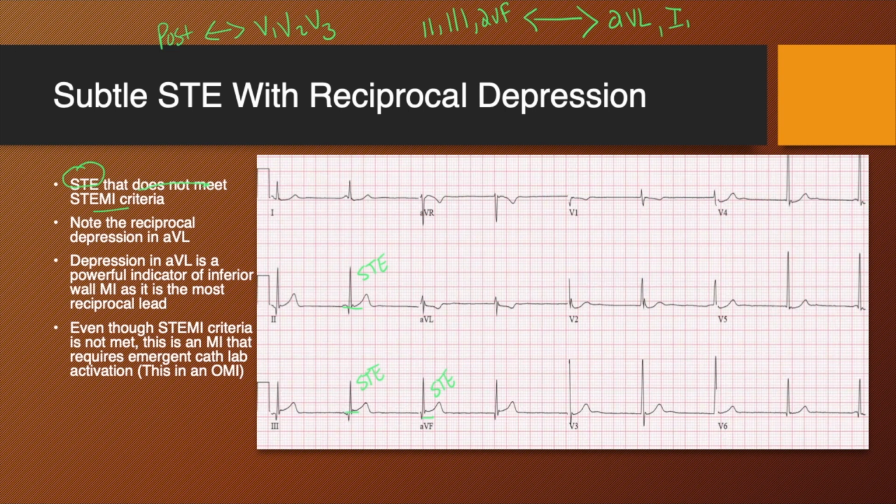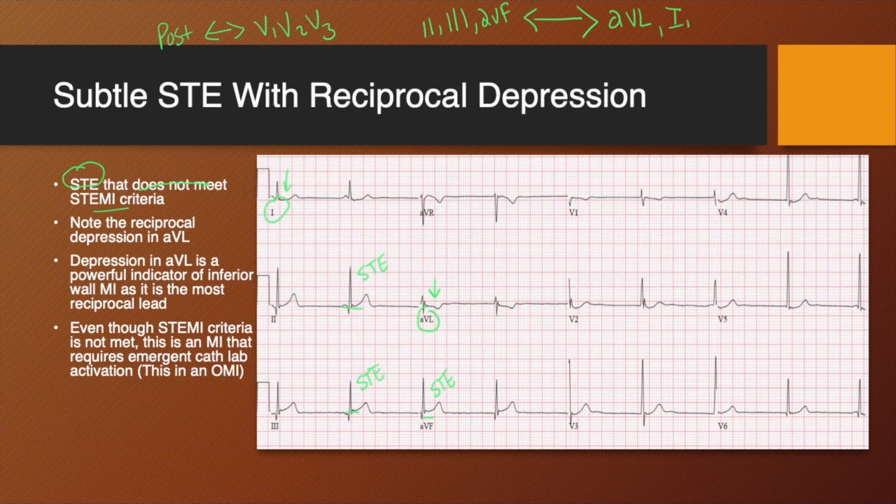So you could not call this a myocardial infarction if you used the STEMI paradigm. So I've got ST elevation in 2, 3, AVF, but it does not meet STEMI criteria. And then if I look at 1 and AVL here, you see that I have depression in 1 and AVL. This is a powerful finding. Reciprocal changes are powerful and suggest infarction.